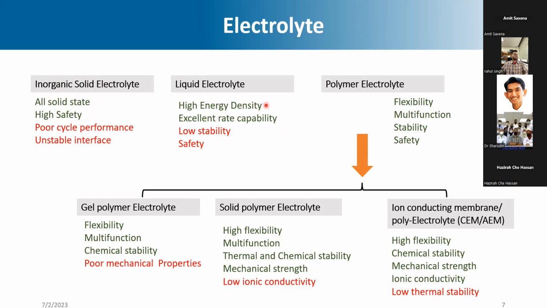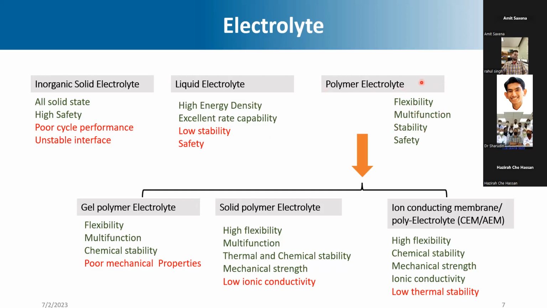At present, liquid electrolyte has shown a lot of promise, but as we have seen from the previous slide, safety is a major concern with liquid electrolytes. Most of the research and industry are targeting to replace liquid electrolyte with a polymer type of electrolyte.